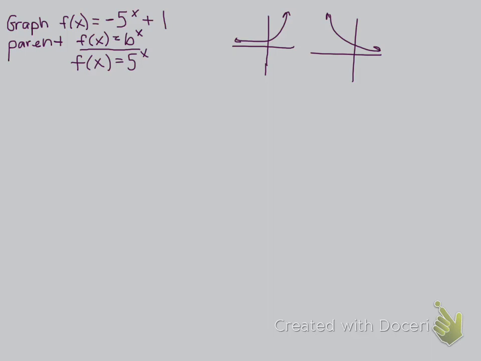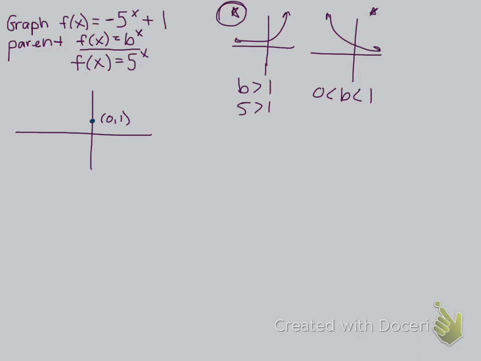Okay, right now I'd like to recall that when you're graphing exponential functions, the parents, you either have a base greater than 1 and you wind up having a graph looking like this graph on the left, or if your base is in between 0 and 1, you have a graph like the one on the right. Our base is a 5, which is obviously greater than 1, so our graph is going to start out looking like the one on the left.